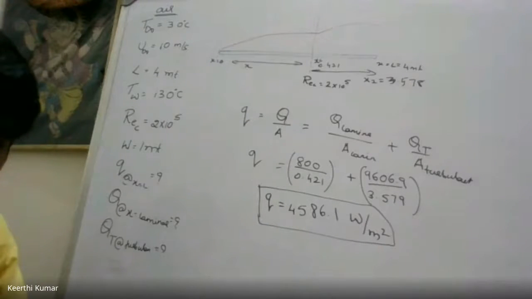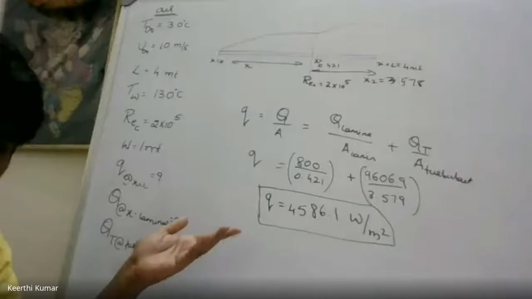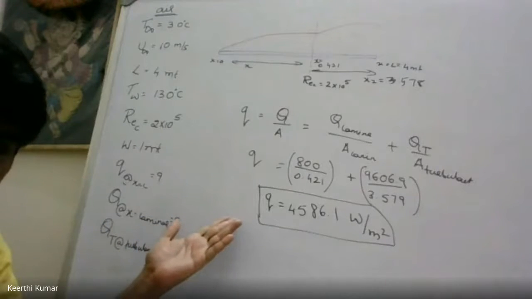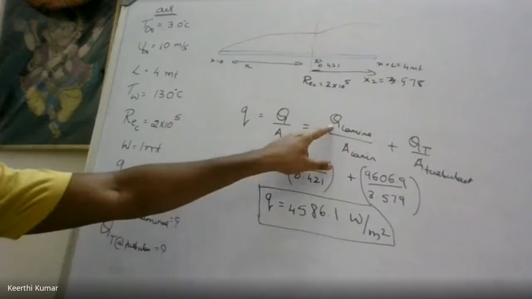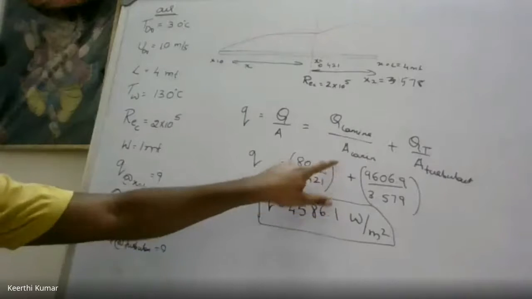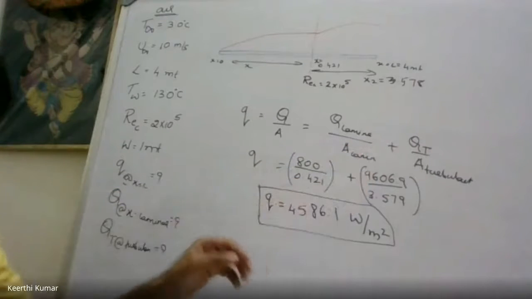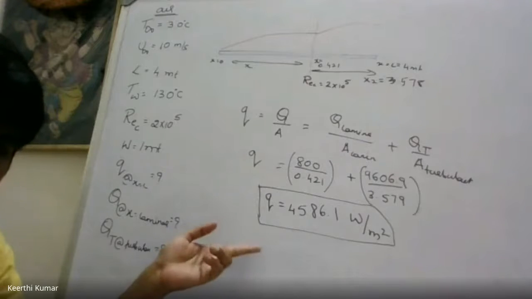Now, in the same question, if I ask, air is blowing on both the sides, then what will you do? Q laminar for one side is this, Q laminar for both sides will be 800 into 2. Q turbulent for one side we had, into 2, it will be 2 sides.